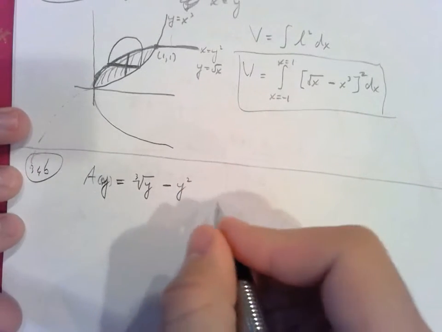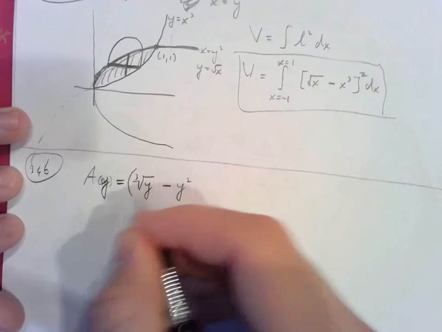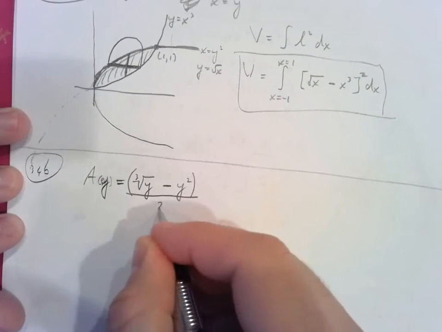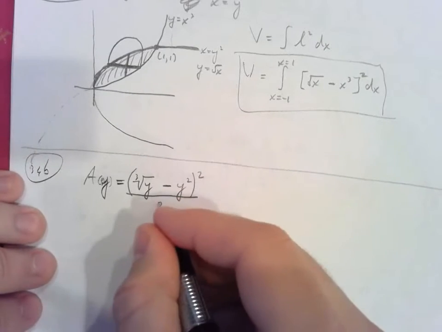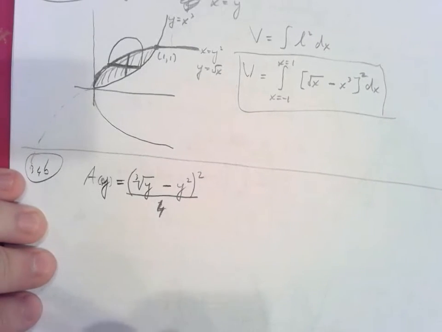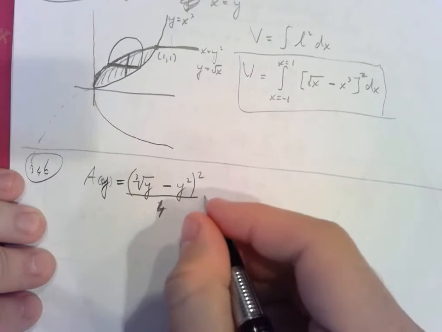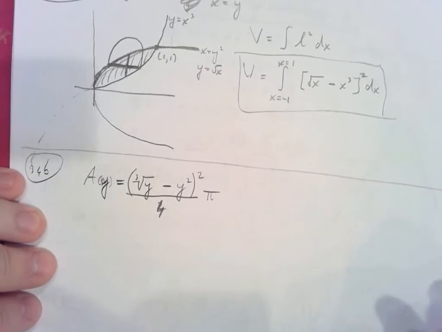So that gives me the diameter. Now I need to obtain the radius, so I divide the diameter by 2, and I have to square it. So really what I'm doing is dividing by 4. So this is r squared, and I multiply by pi, because the area of a circle is pi r squared.